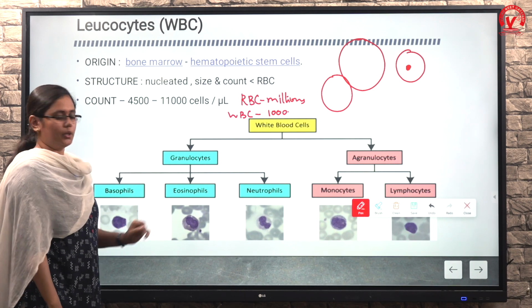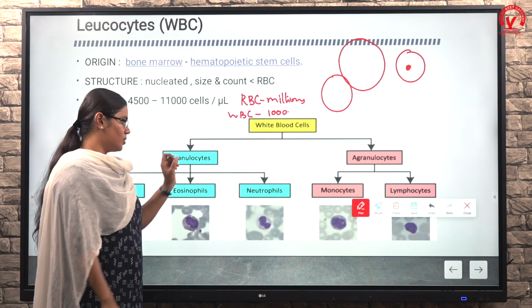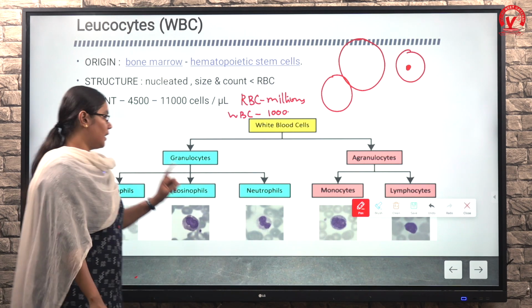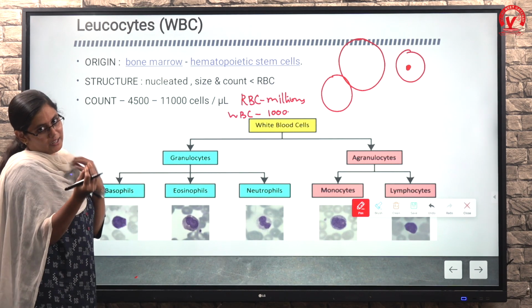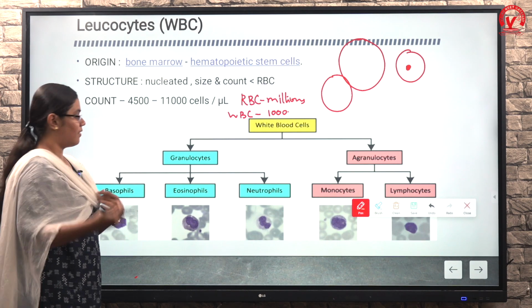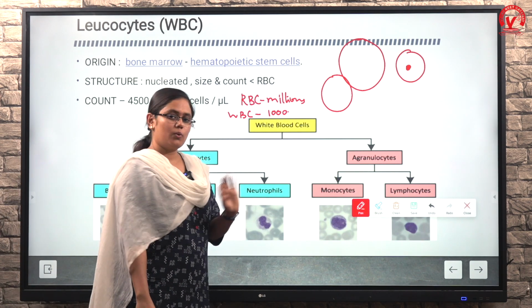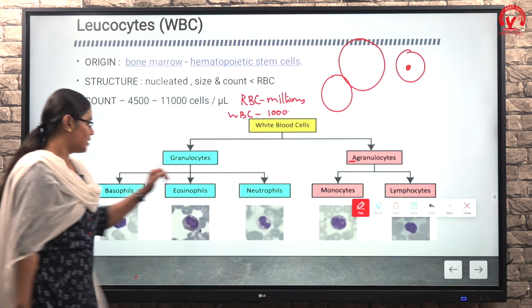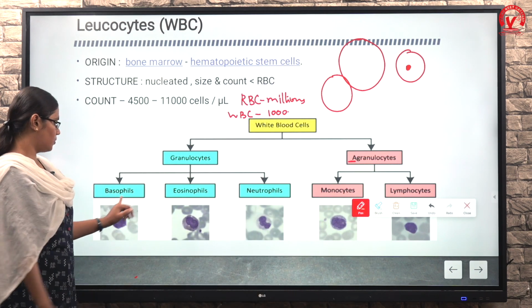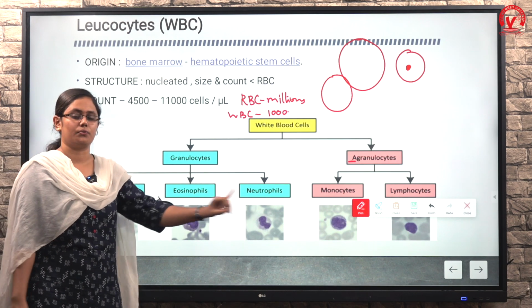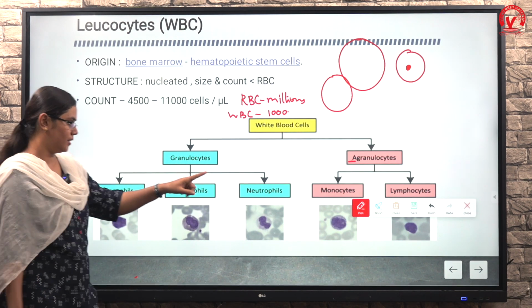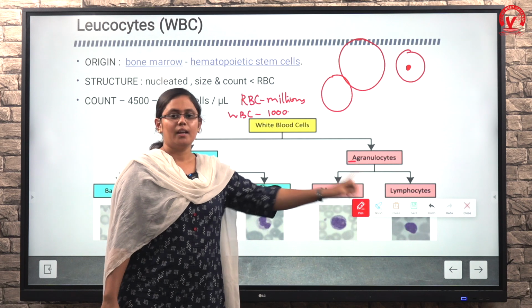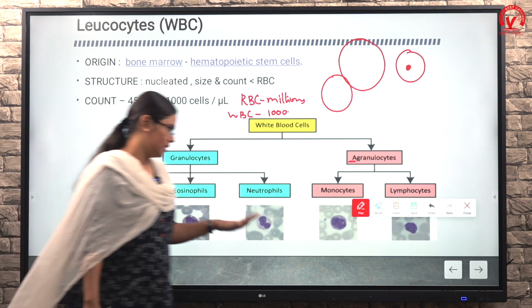WBCs are classified into two different types, granulocytes and agranulocytes. Granulocytes contain granules in their cytoplasm, whereas agranulocytes don't have any granules. That's why they are called agranulocytes. The granulocytes are further divided into basophils, eosinophils and neutrophils, and agranulocytes are further divided into monocytes and lymphocytes. Now let's discuss each of these cells.